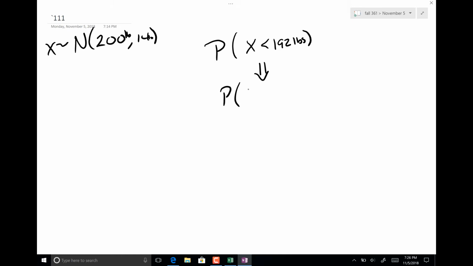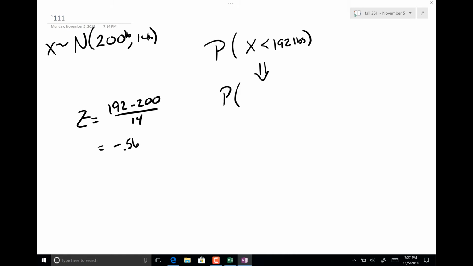So pretty much going forward, if it's a normal distribution problem and you're not converting it to a z-score, you're doing it wrong. So let's do that. Let's make a z-score. So z equals 192 minus 200 over 14. Again, this person weighs less than the mean, so it's going to end up being a negative z-score. It's going to be negative 8 out of 14, which is negative 4/7, which is about negative 0.57.